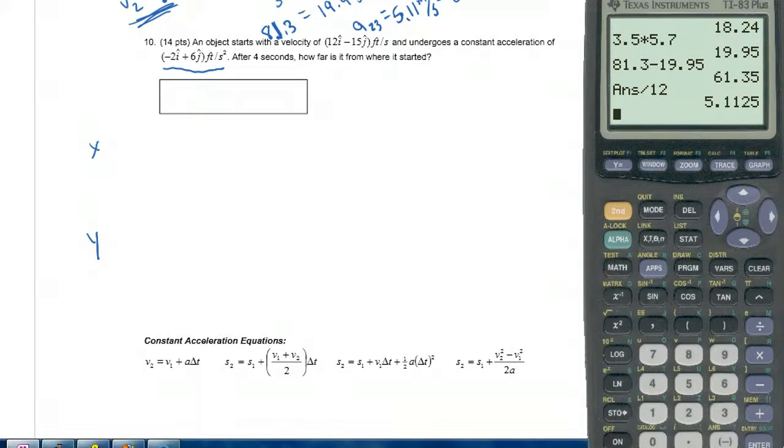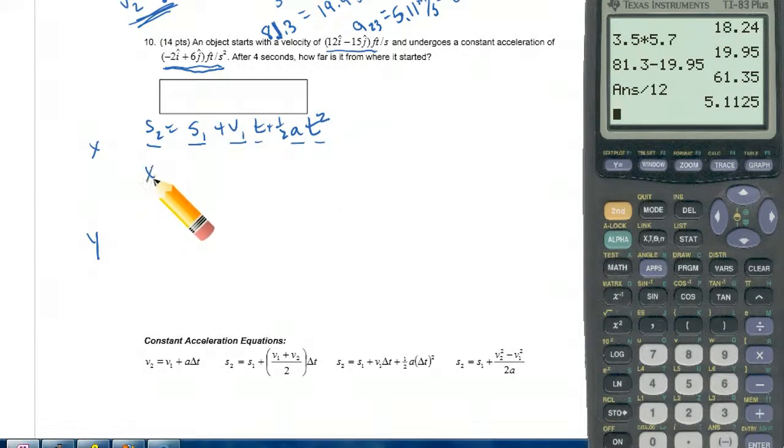Okay. So we have a general equation, S2 equals S1 plus V1t plus 1/2 AT squared, because we know information about acceleration and velocity, given the velocity up there, the acceleration up here. We're going to start at the origin, so we know our initial position, and we can find our final position because we know the given time.